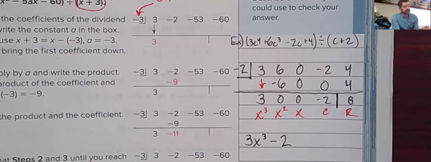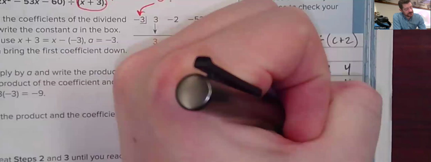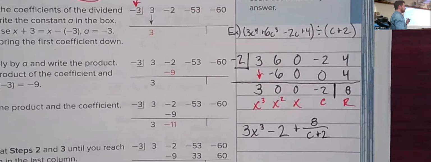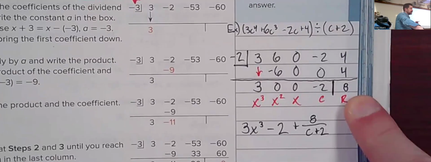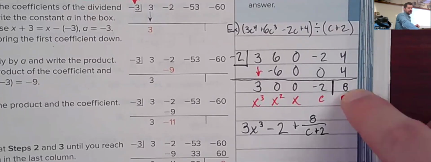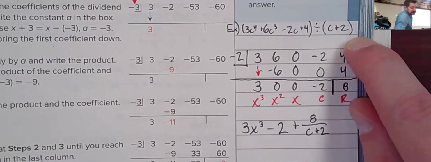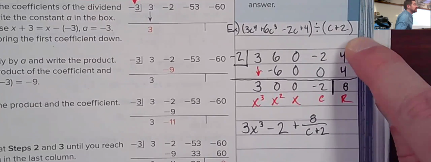Eight over c plus 2. Yeah, so plus 8 over c plus 2. Just like with polynomial long division, whatever your remainder is still going to go over your divisor as a fraction at the end.